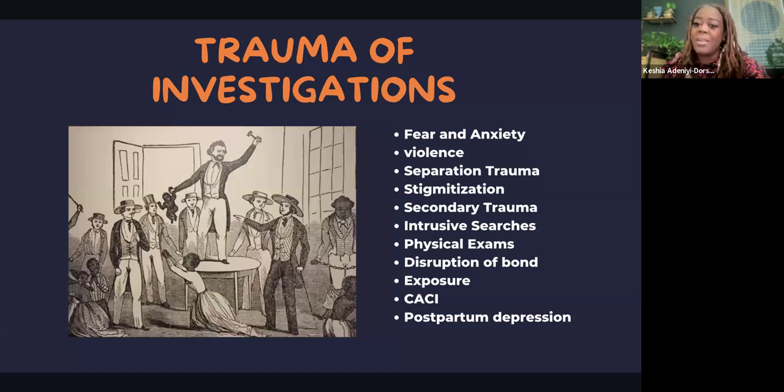There's a disruption of the parent-child bond in the sense that the child is in a position where their parent often is deemed powerless to help them. And the person who can stop all of this trauma from happening, the child sees is unable to do so. There's exposure, right? Children being asked questions about their parents, or being asked questions about topics that are maybe not age appropriate or that they never knew about.